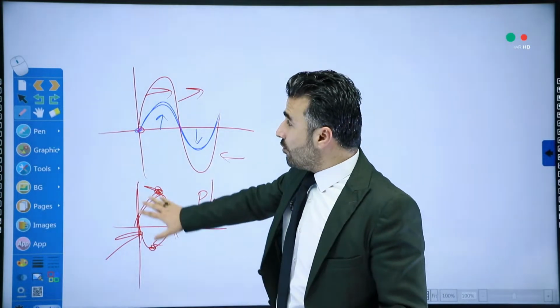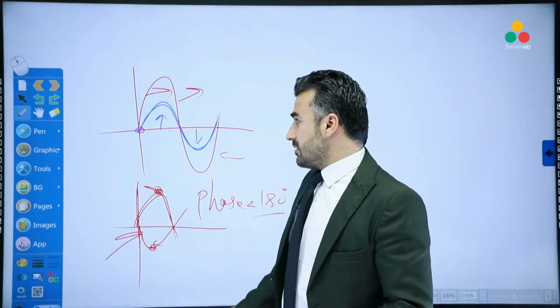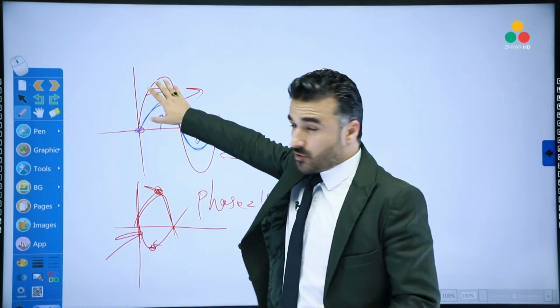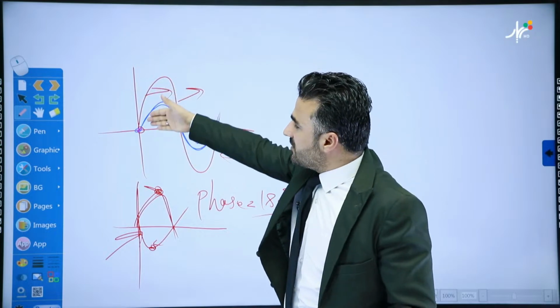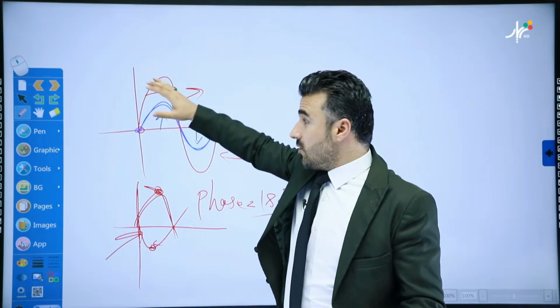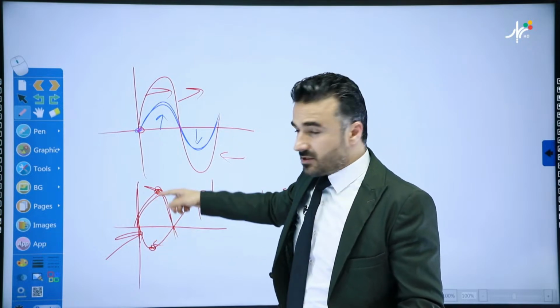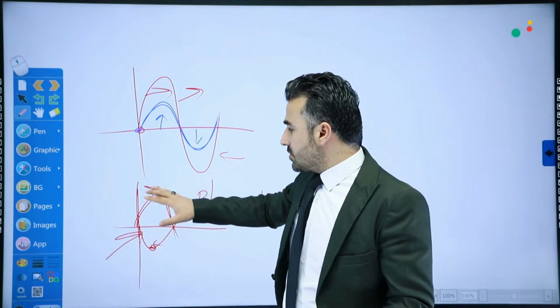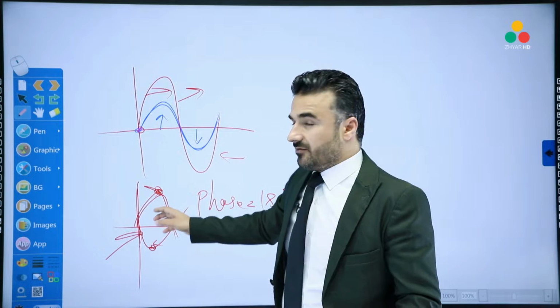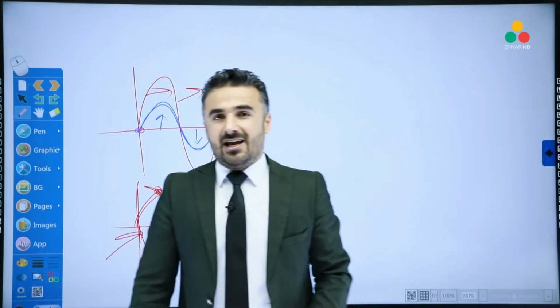This one will hold more, but I'm going to save it for the next session, inshallah. For now, just remember this: when two waves are overlapping, the phase difference is zero, and you get constructive interference. If we have something like this, crest over trough, that is destructive interference, and the phase difference here is going to be 180 degrees.